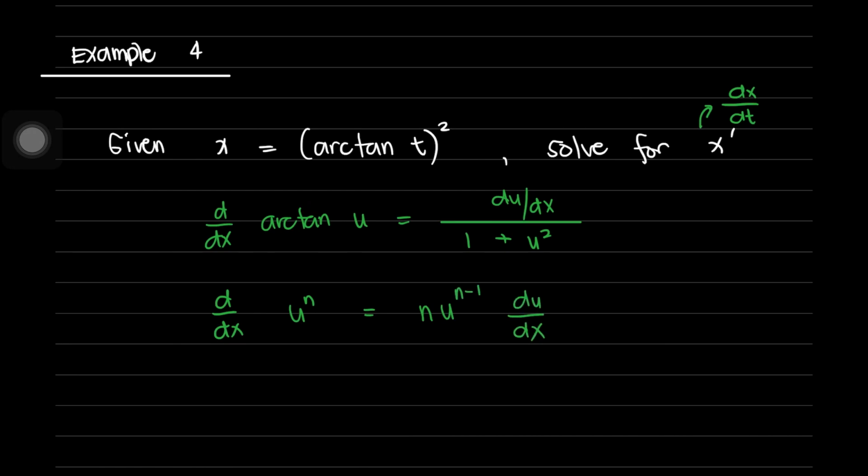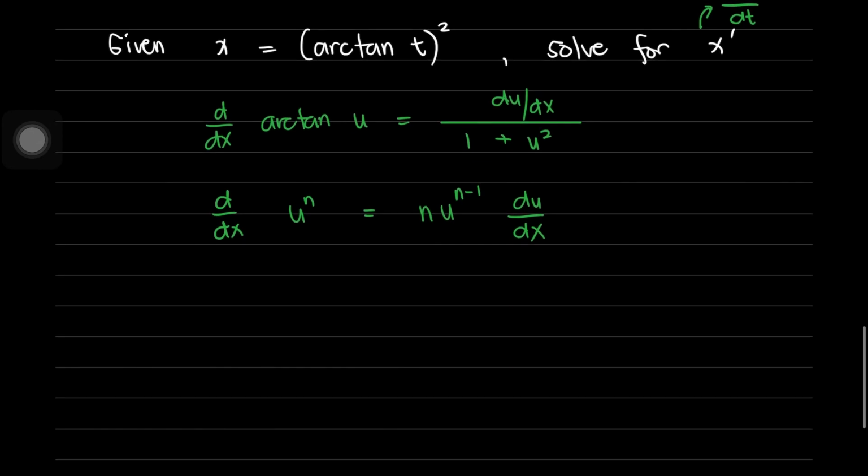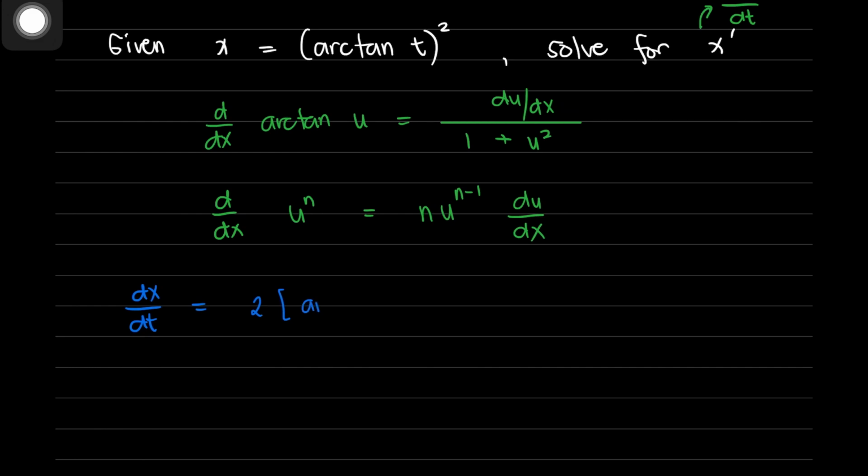So if we're going to solve the problem, dx over dt is now equal to, we're going to use this formula first because this is in the form of u raised to n. So that would be 2 multiplied by arctangent of t raised to 2 minus 1, or basically 1, multiplied by the derivative of arctangent of t.